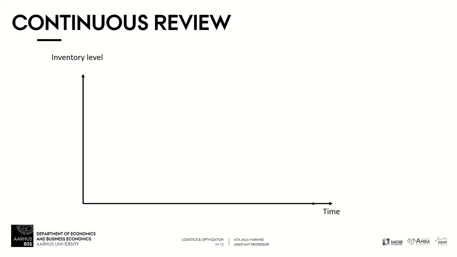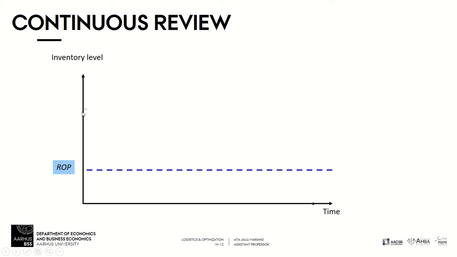Let's start with the continuous review model. We have this figure, with time on the x-axis and inventory level on the y-axis. Assume that at time 0 the inventory level is equal to a number like here.